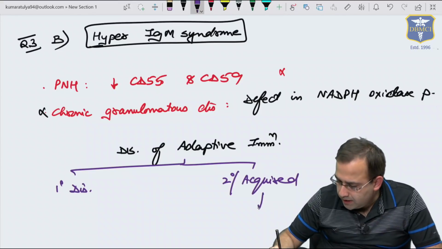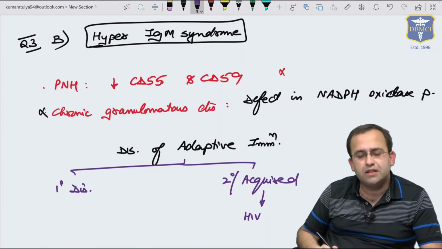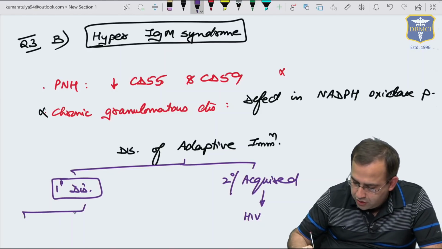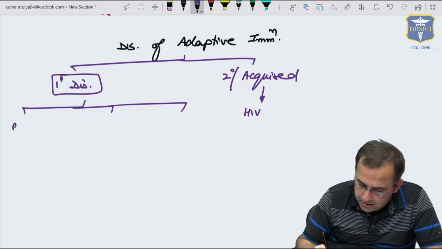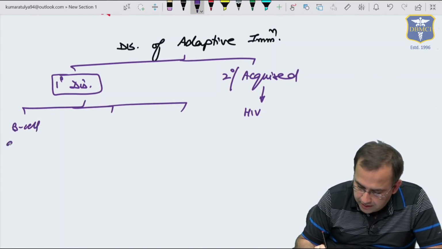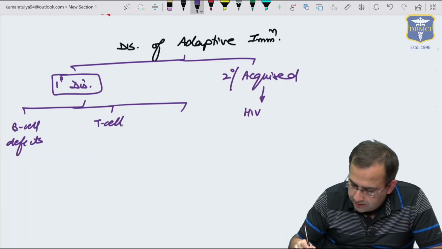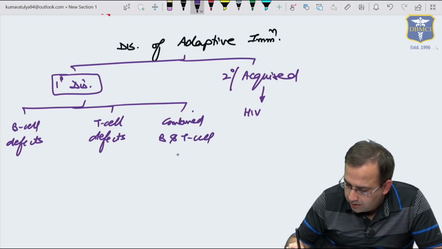The main cause of secondary or acquired disease of adaptive immunity is HIV or AIDS, versus the primary diseases, which are again of three types, that is the B cell defects, the T cell defects and combined B and T cell defects.